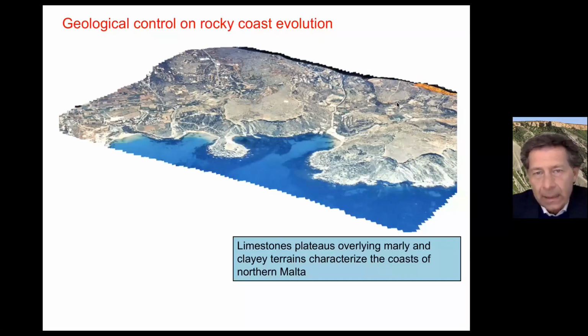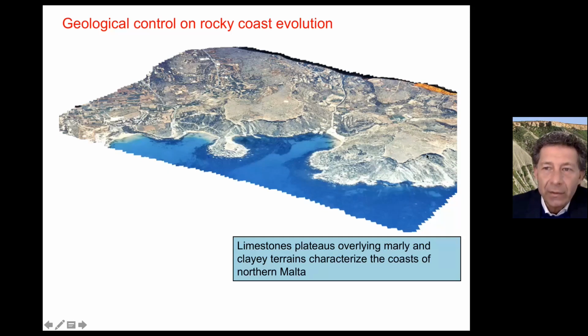This is a 3D model of the northwest coast, and I would like to point out this promontory about which we will talk later on, because actually it's a laboratory within the open-air laboratory of Malta. Here you can clearly see the cap rock, which is the upper coralline limestone plateau, the blue clays beneath.